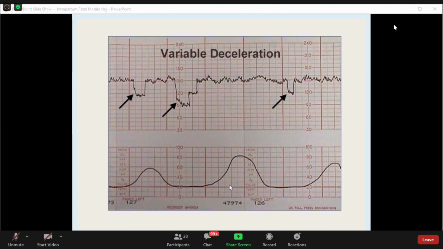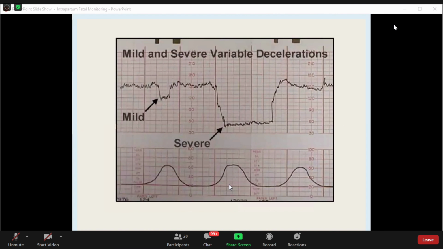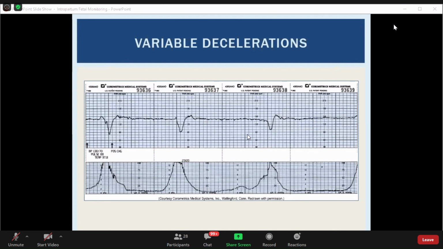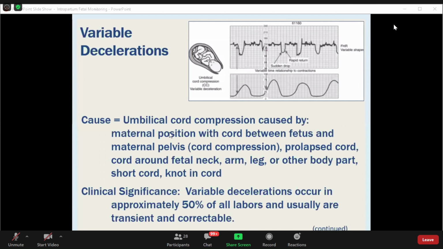So in the case of variable decelerations, again, look at this variable deceleration. Very low, very long, okay? So variable decelerations are typically caused by umbilical cord compression.